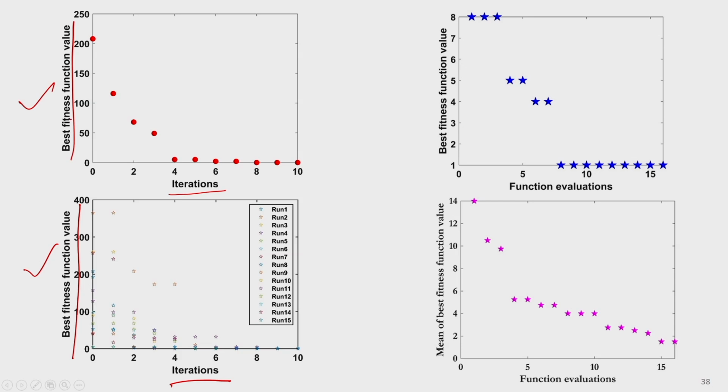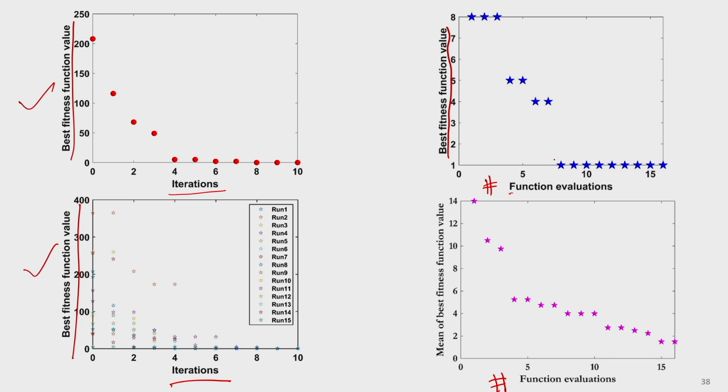The third plot which we saw was the number of functional evaluations. So, here what we did was that if we are evaluating the objective function for the 7th time, right, at the end of the 7th time you are plotting what is the best value you have obtained so far. That is what we are doing in this best fitness function value.